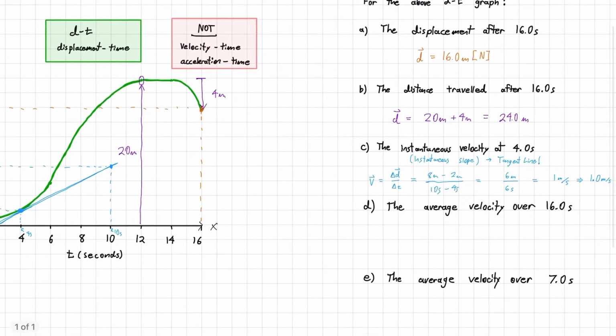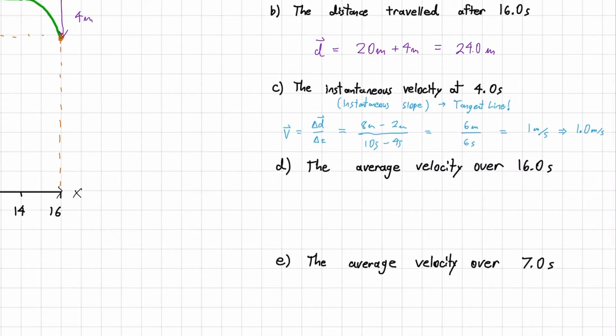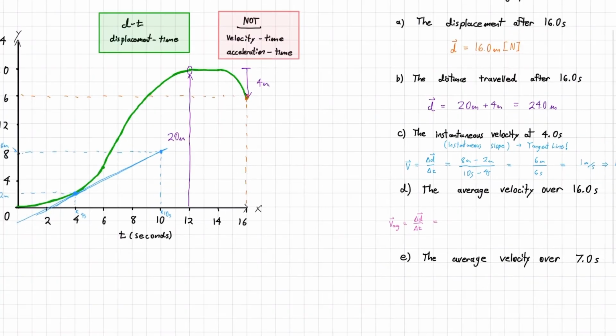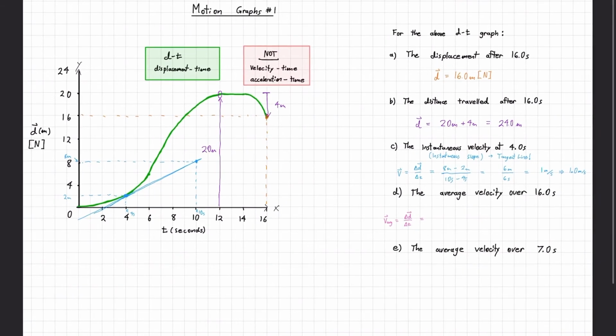Okay, moving on to average velocity over 16 seconds. So we have a formula: the average velocity is equal to change in displacement over change in time. Now, what number are we using here? Average velocity over 16 seconds.